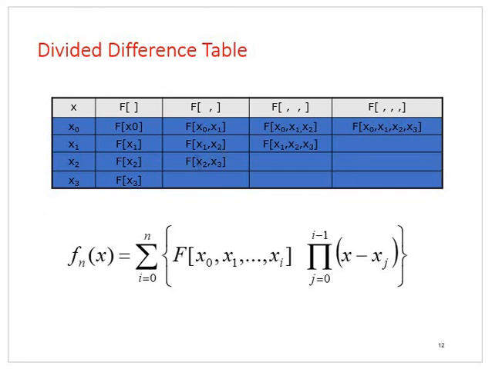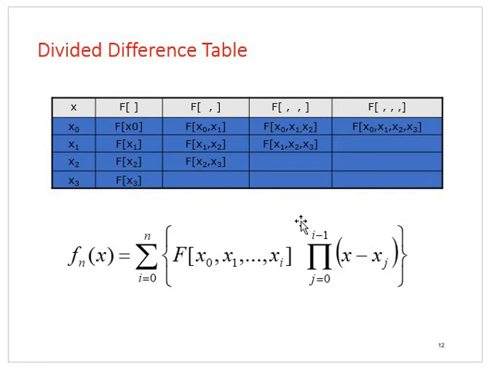And this is the gradient between x2 and x3. This is the gradient between x1, x2, and x3. This is the gradient with respect to x0, x1, x2, and x3.